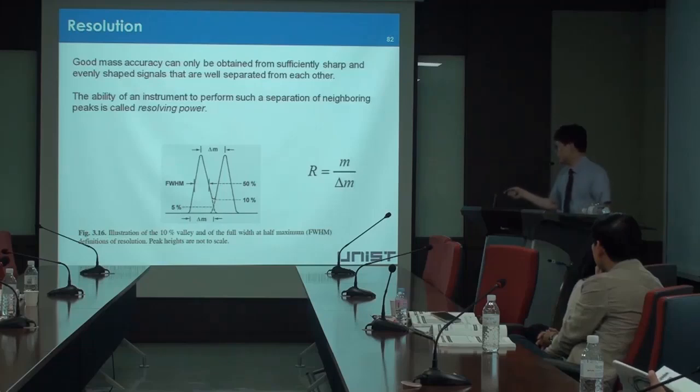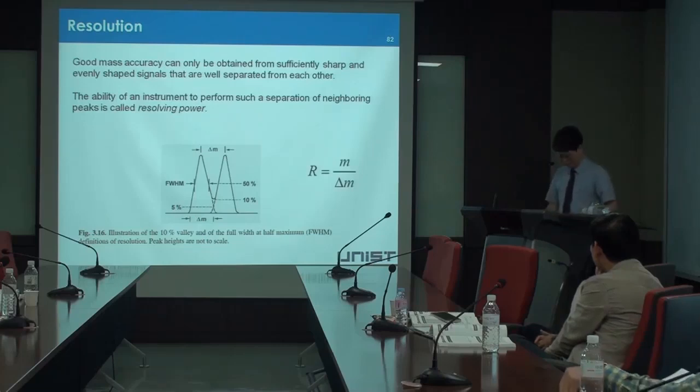But if R is low, the peaks can overlap. So high resolution MS means a very high R. Even compounds with very similar molecular weights can be separated by high resolution. We can also call it resolving power.